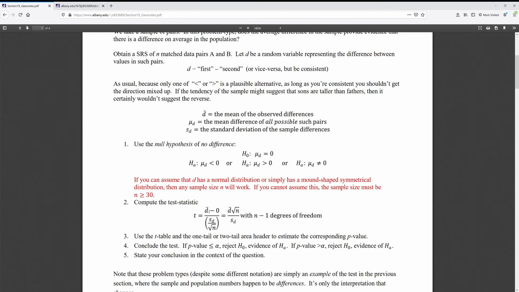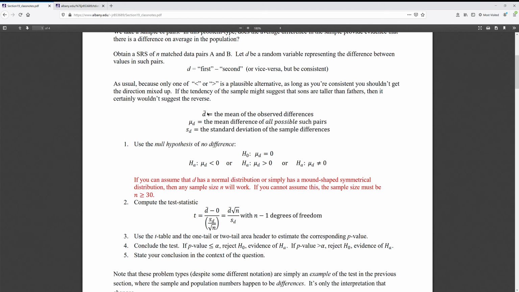So if you're thinking about how it stacks up compared to the previous formulas, the logic is the closest thing we've got to statistic minus theory about parameter divided by standard deviation of statistic. But if you want to just cut to the chase and simplify the double fraction a bit, we compute t by doing d bar times the square root of n over s of d.